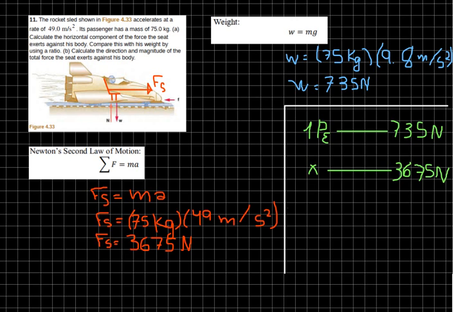Alright, so for that we must multiply 3,675 newtons by one planet Earth, and all of that must be divided by 735 newtons.